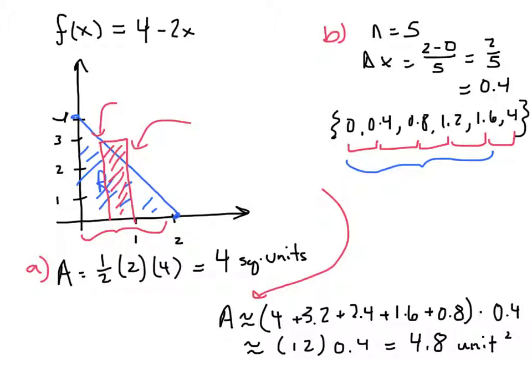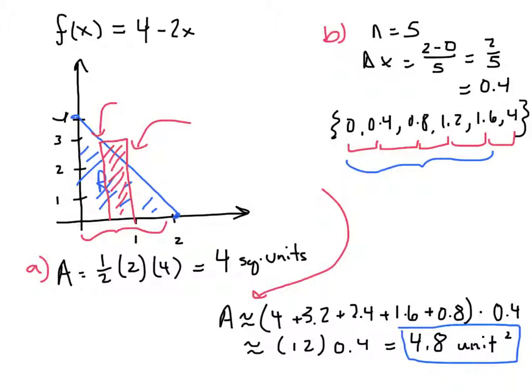I'm getting 4.8 square units for my estimate. Now, as we said, that's a little high. We know the exact value is 4. But this particular strategy where we're using the left-hand endpoint means that every single rectangle will be above. And remember, I have 5 of them, even though I've only drawn 1. Every single rectangle is above, and when you add them up, you get 4.8.